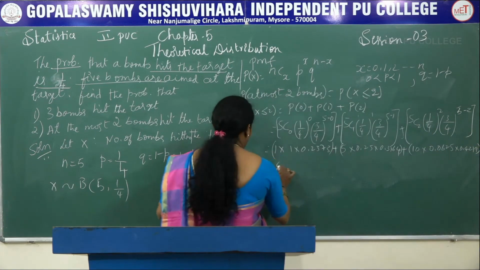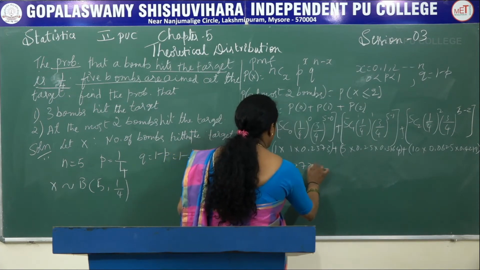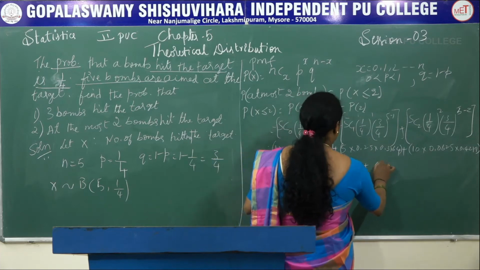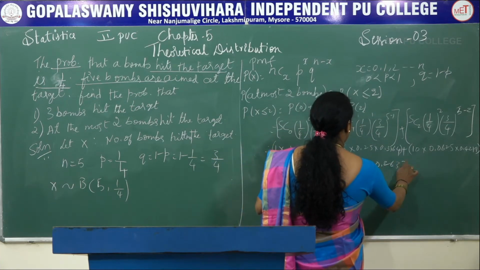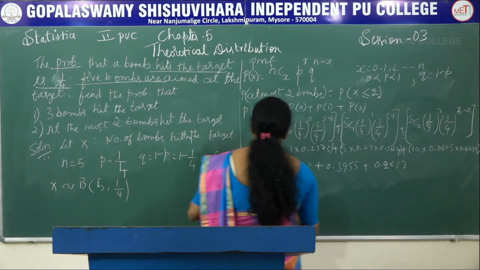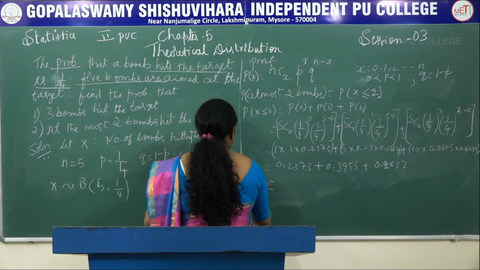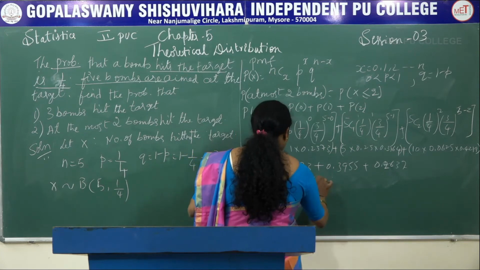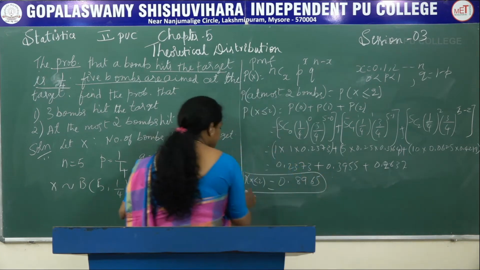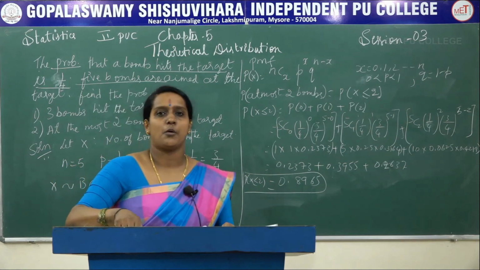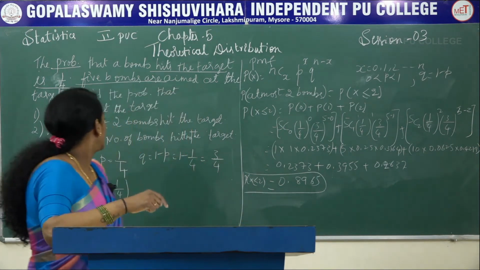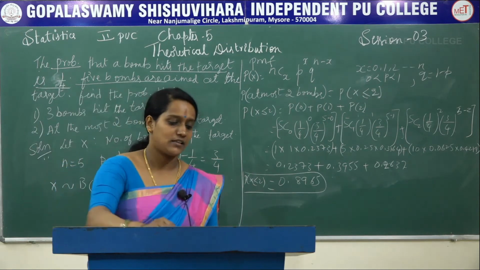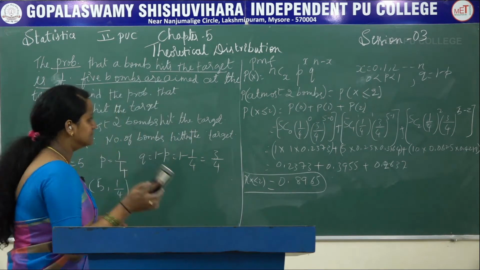This is 0.2373 plus 0.3955 plus 0.2637. So at last, probability of X less than or equal to 2 is 0.8965. So probability of at most 2 bombs hit the target is 0.8965. Next one.